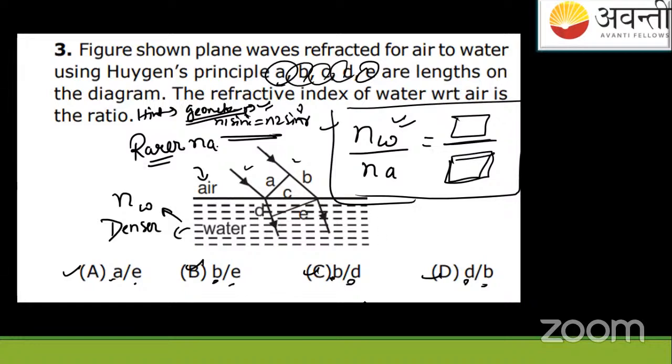Okay, so what is the answer? A, okay. Jinvi Roper says D is the answer.